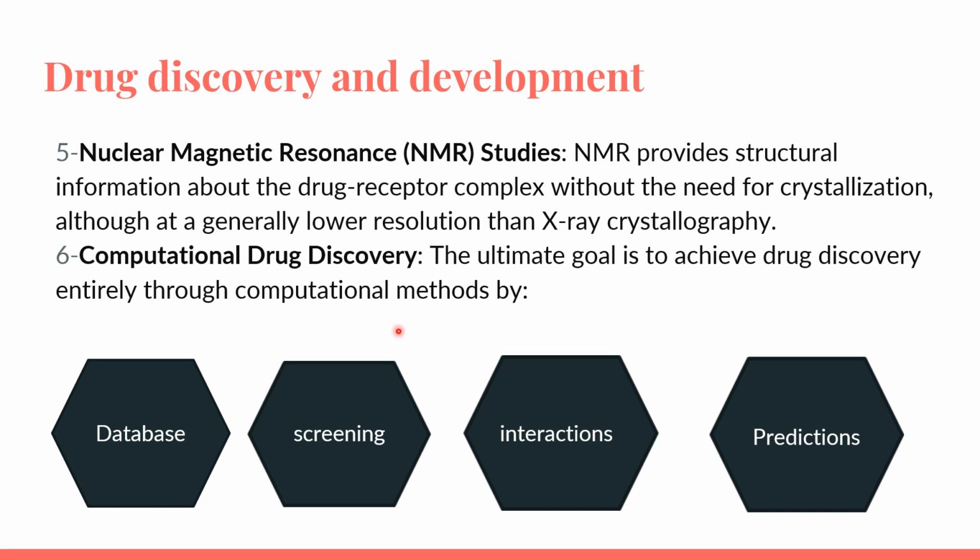So, how? First, we have a database. Using a database of detailed chemical information about millions of compounds, and another with structural information about all human proteins. Screening. Virtually screening chemicals to find those with high affinity interactions with the target protein.